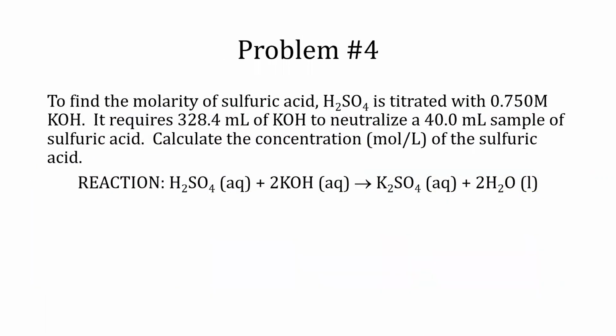Problem 4 is to find the molarity of sulfuric acid, H2SO4, that is titrated with 0.750 M KOH. It requires 328.4 mL of KOH to neutralize a 40 milliliter sample of sulfuric acid. Calculate the concentration of the sulfuric acid. The reaction is H2SO4 plus 2 KOH forms K2SO4 plus 2 H2O.